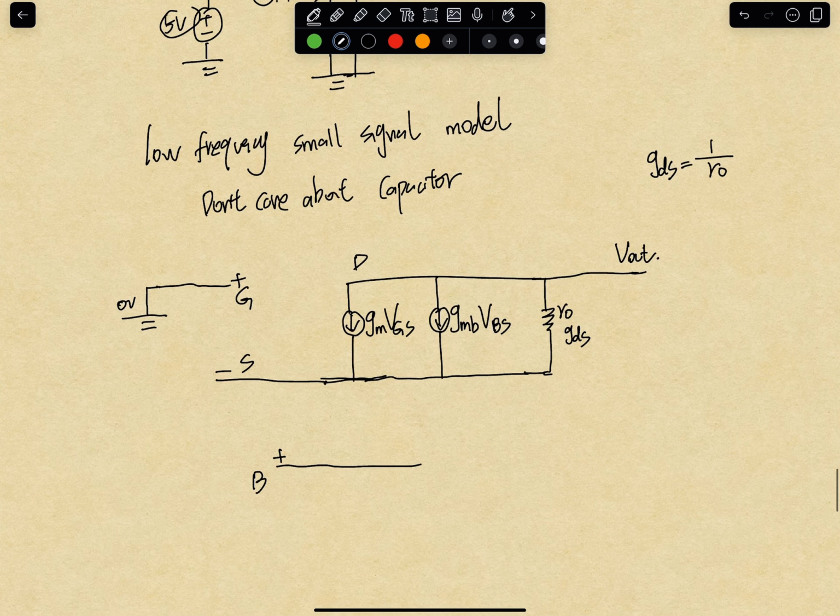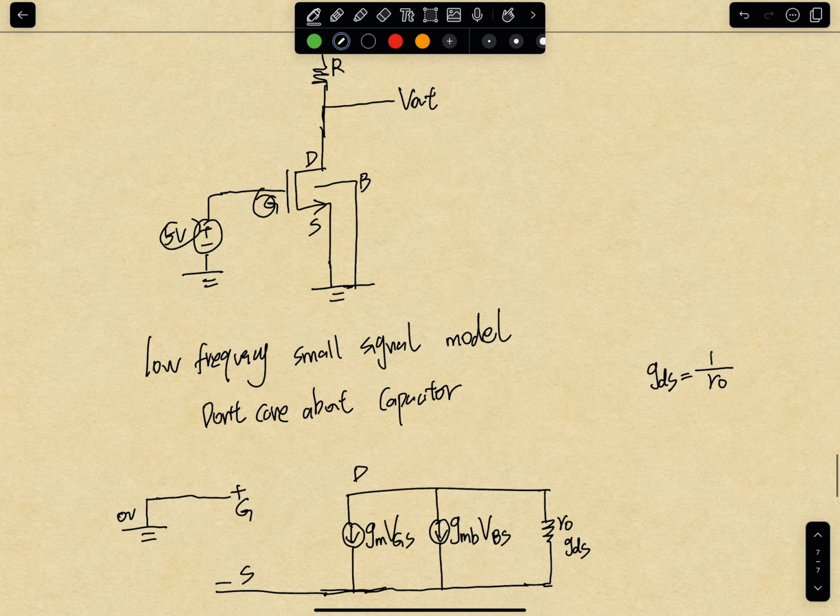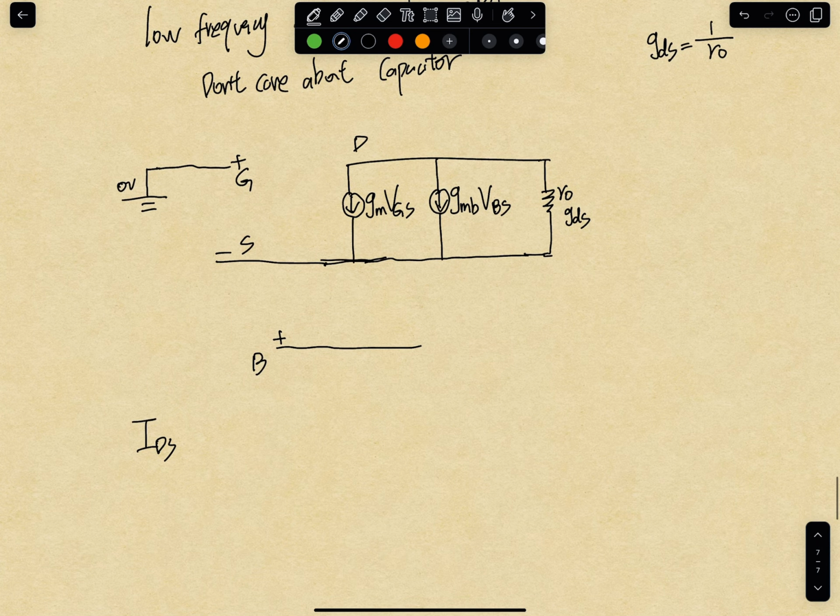Let's forget about the output and just focus on the small signal first. What is the drain current exactly? The drain current is IDS. Remember that the current flowing from the drain to the source is all we care about. So IDS is the current coming from this node to this node, which means there are 3 currents flowing here.